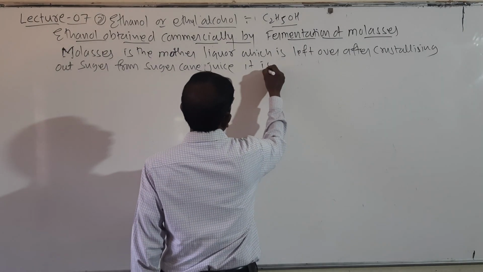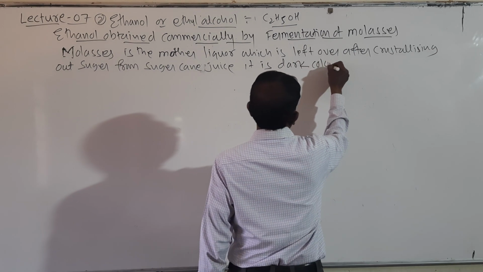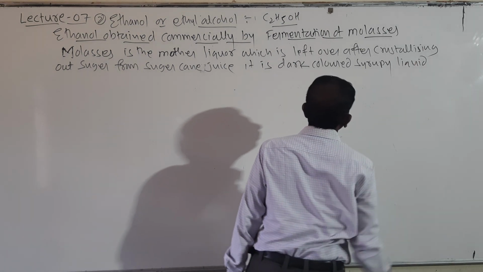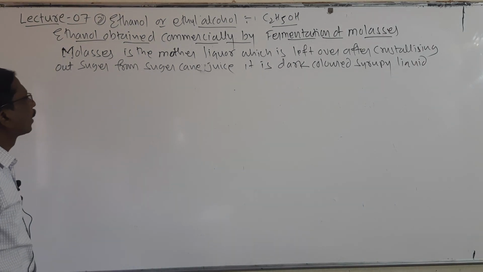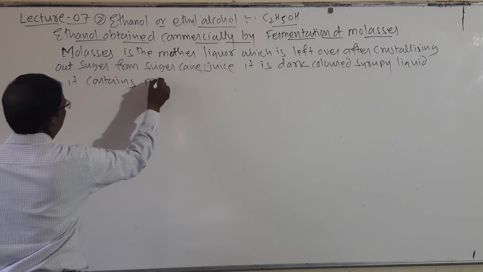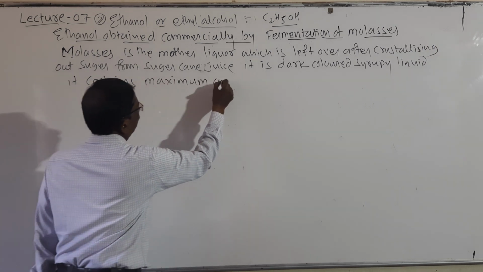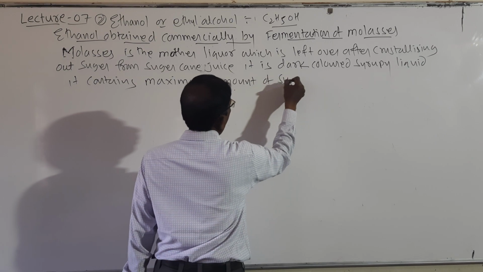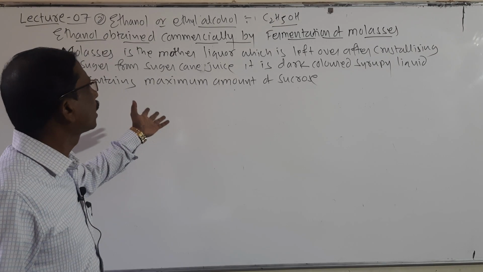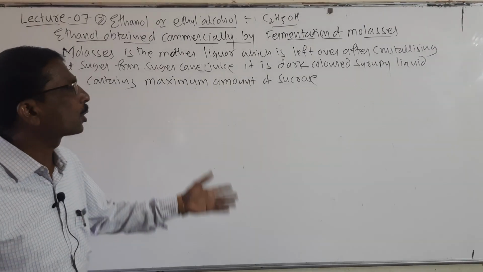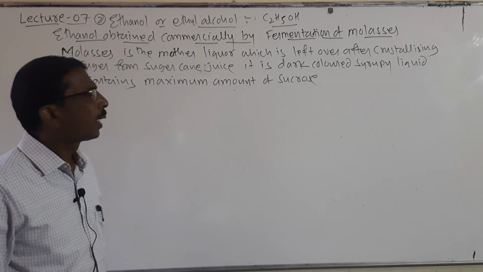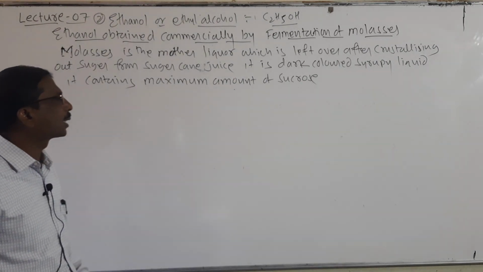It is a dark colored syrupy liquid. It contains the maximum amount of sucrose. Molasses is the mother liquor which is left over after crystallizing out all crystallizable sugar from sugarcane juice. It is a dark colored syrupy liquid. It contains the maximum amount of sucrose.